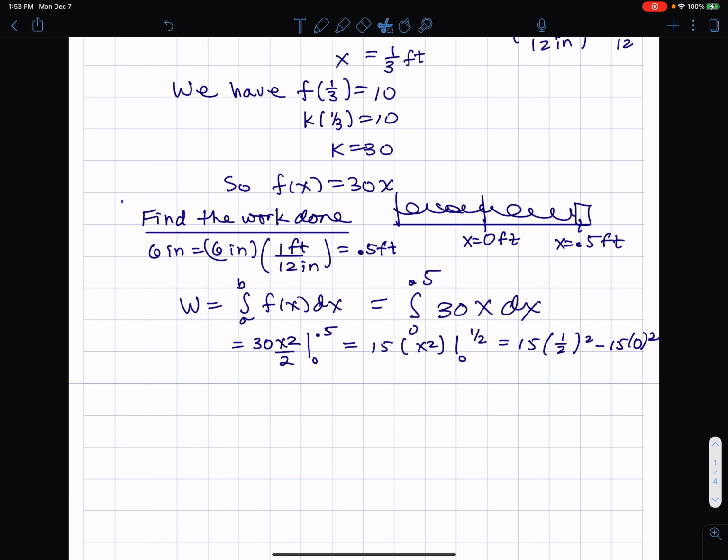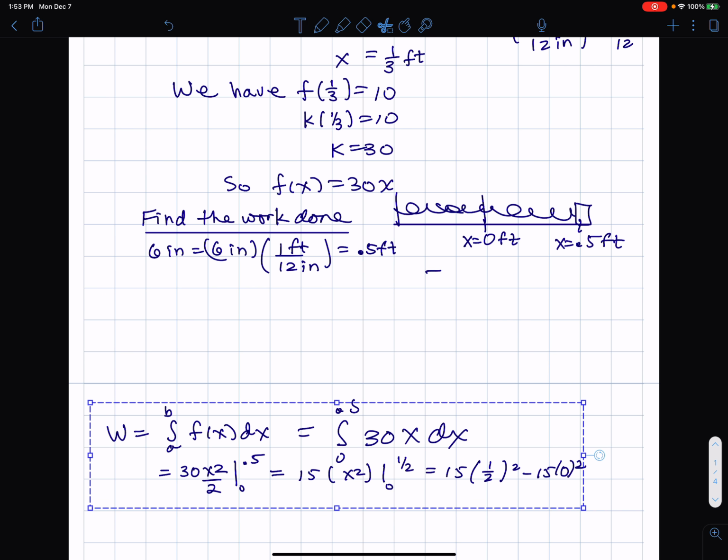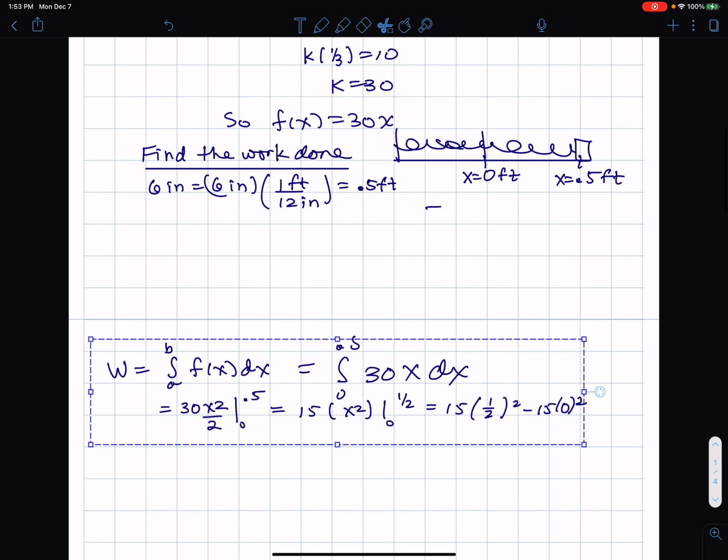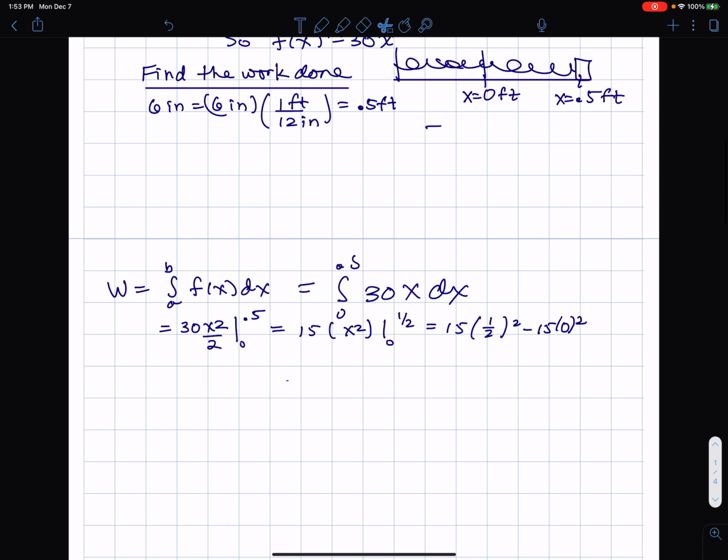So this is going to give us 15 over 4, and that's pound-feet. That's what our answer should be for the work done.